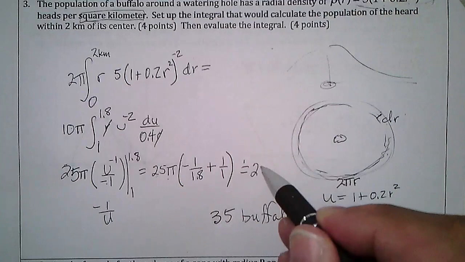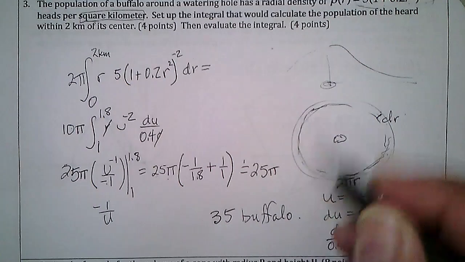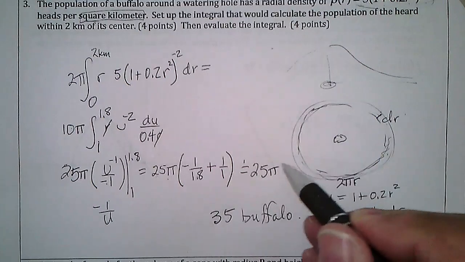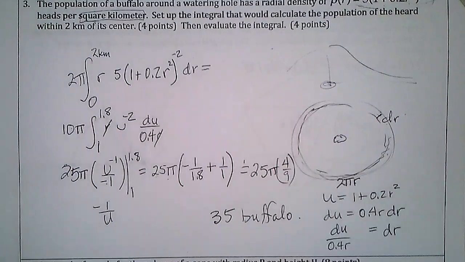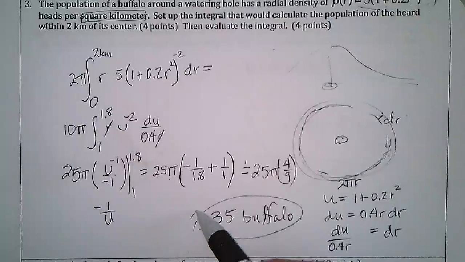This is 25 pi times 4/9. So I got 100/9 pi buffalo, or 35, approximately.